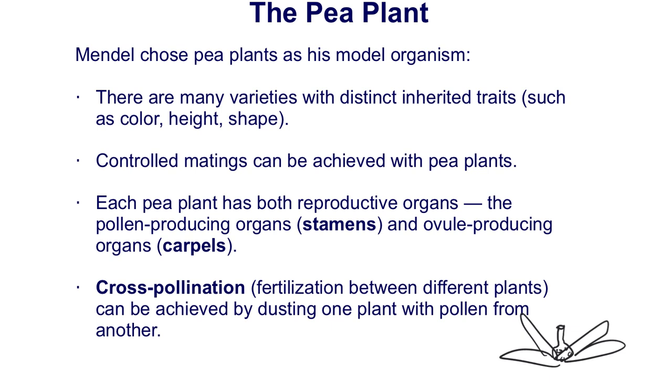That's the female part. Then there are stamens, and the stamens have anthers at the end where the pollen forms.